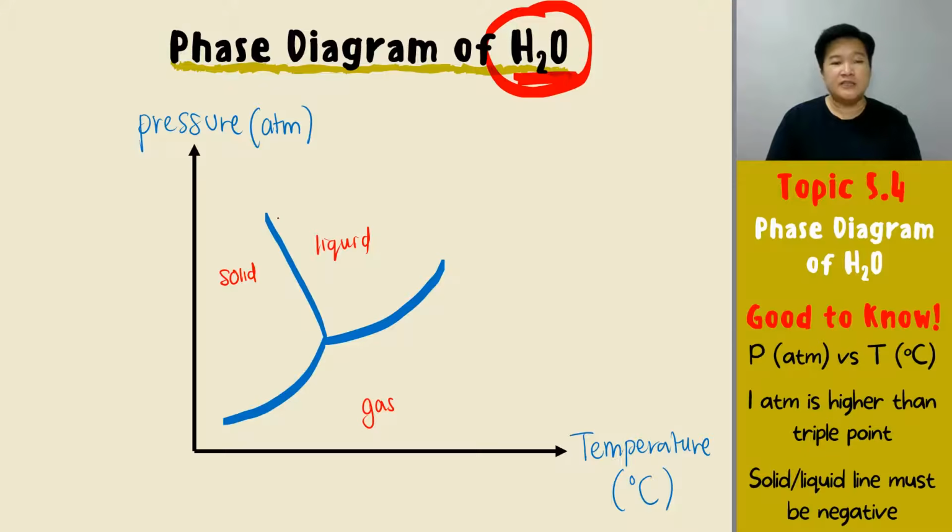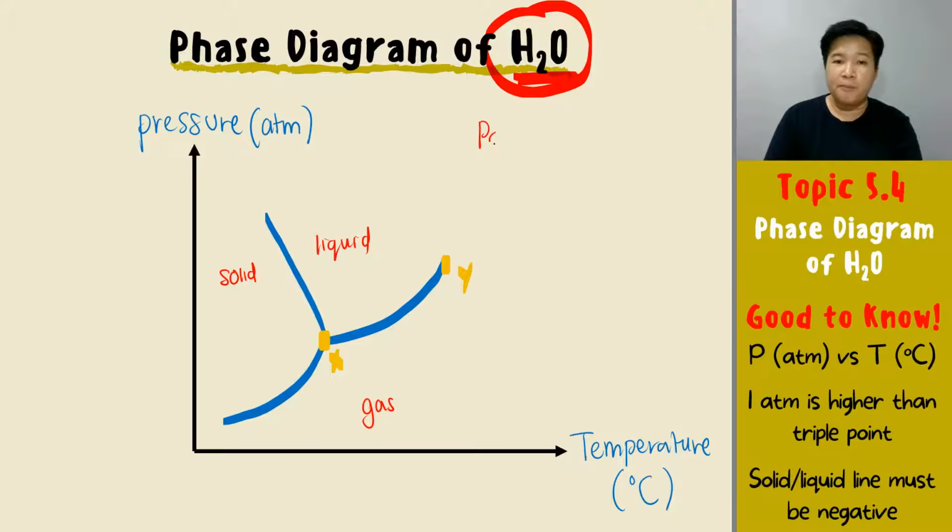Alright? And after you have labeled the pressure and temperature, drawn the shape of your phase diagram and labeled the physical phases, next, what do we need to do? Label the 2 points. So that is my point X and that is my point Y. You can label any name that you want, to be honest. Make sure you label them.